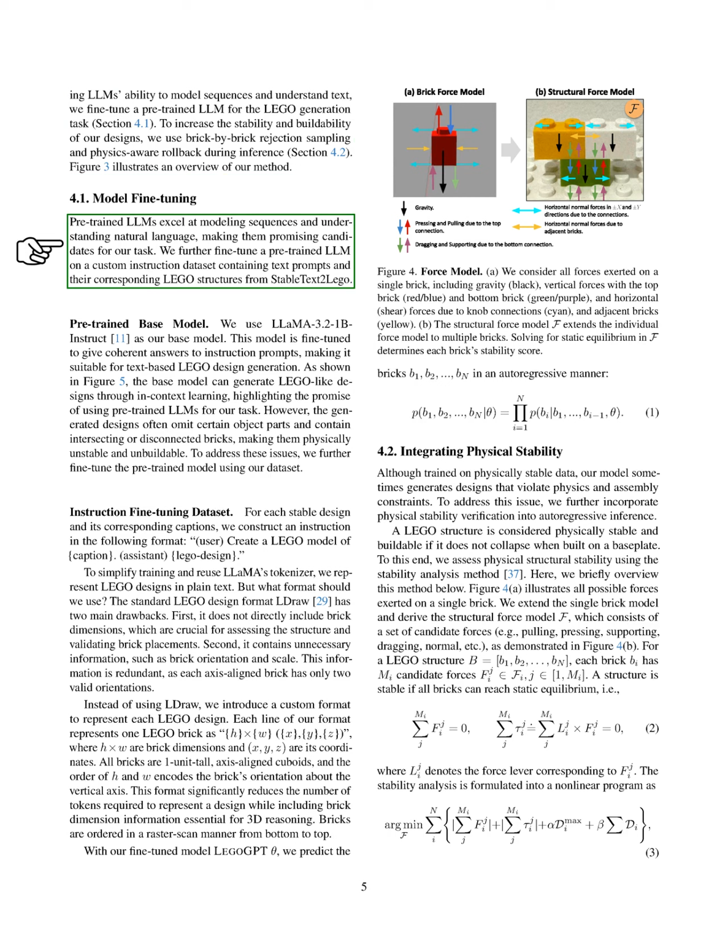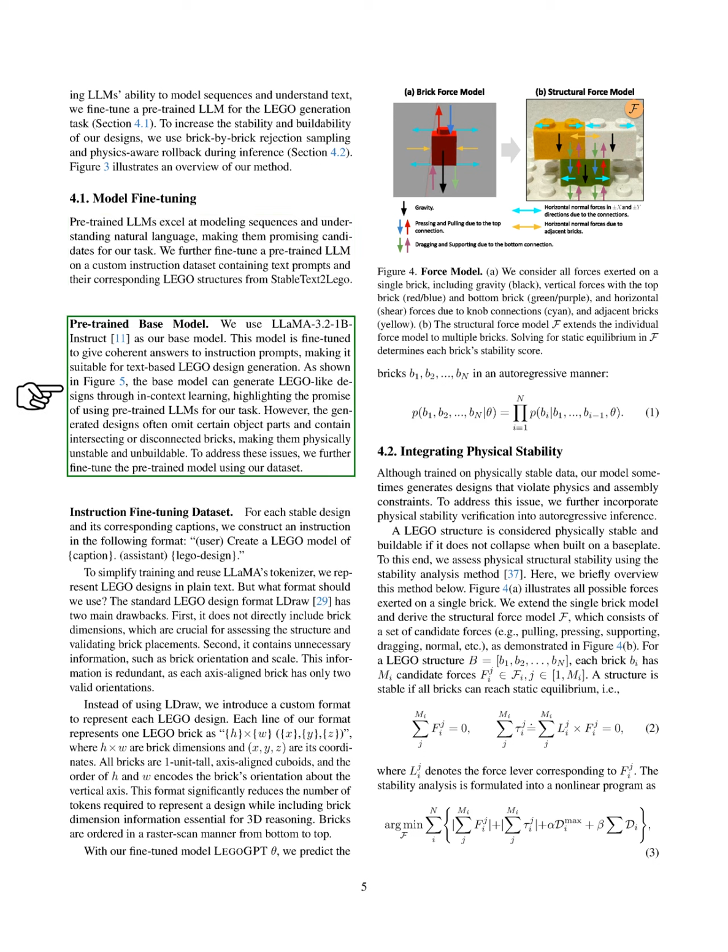For our model fine-tuning, we start with a pre-trained LLM that is adept at understanding natural language. We refine this model using a custom dataset that pairs text prompts with their corresponding LEGO designs sourced from StableText2LEGO. Our base model is LLaMA 3.2-1B Instruct, which is tailored to provide coherent responses to instructions, making it ideal for generating text-based LEGO designs.